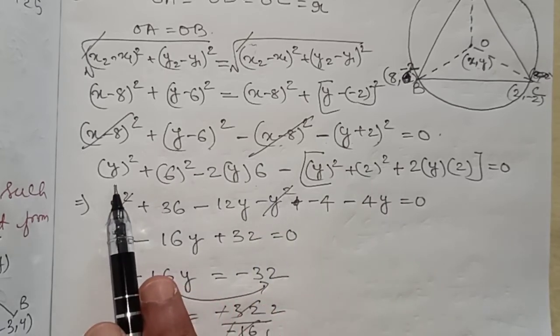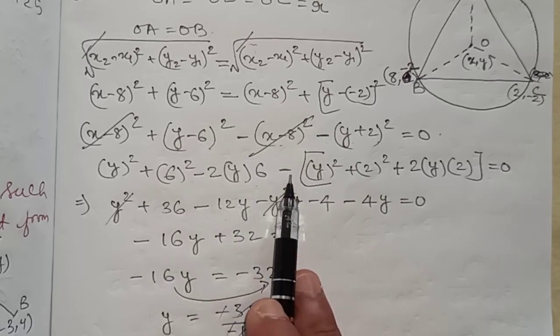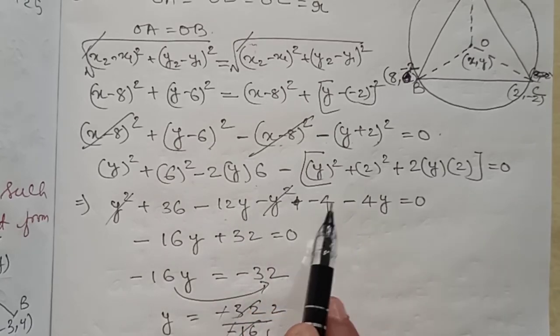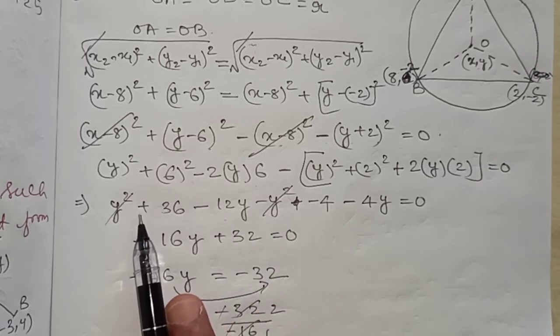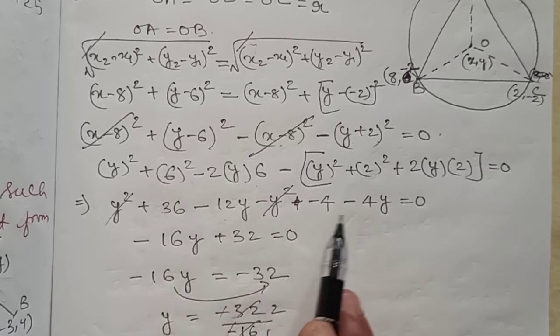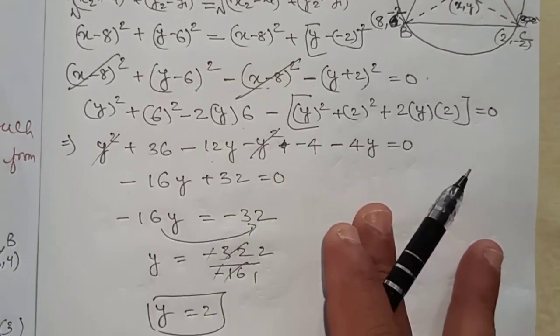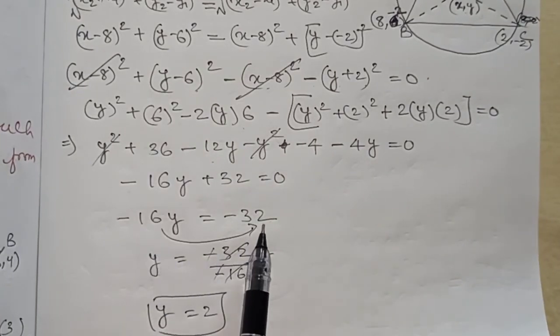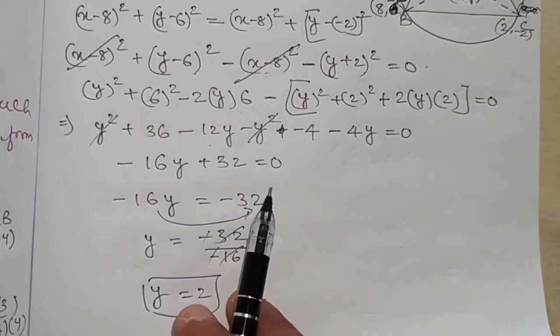In the next step, y square plus 36 minus 12y minus y square minus 4 minus 4y. Y square and y square will be cancelled. Minus 12y minus 4y is minus 16y, minus minus plus, 36 minus 4 is 32. Take 32 that side, it will become minus 32. Divide by minus 16 here. Minus minus cancels. 16 2s are 32. So the value of y is 2.